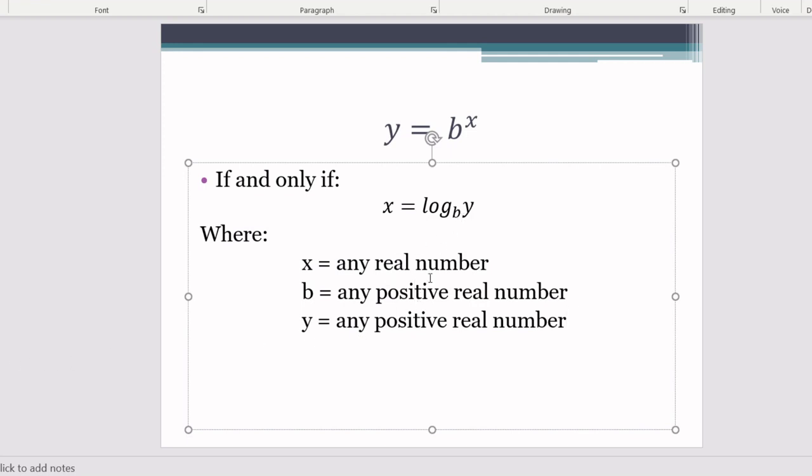So take note that if your example is just x is equal to log of y, then your base is automatically 10. When no base is written, it is understood that the base of your logarithm is 10.